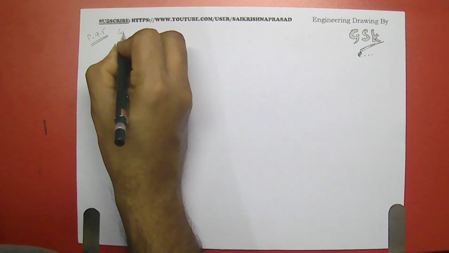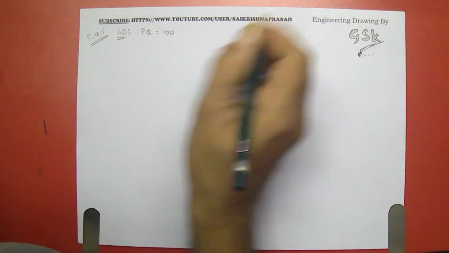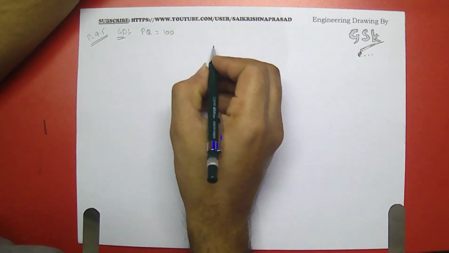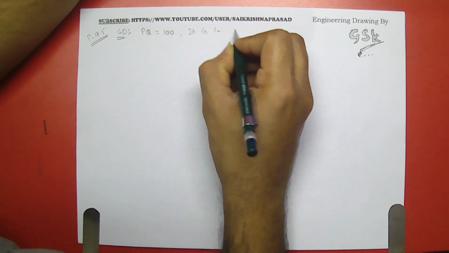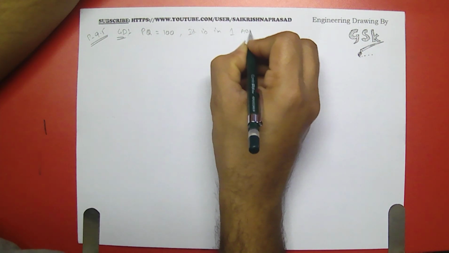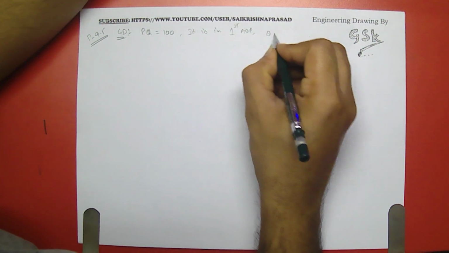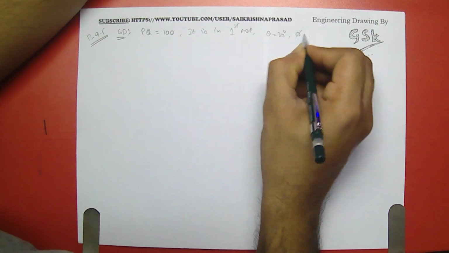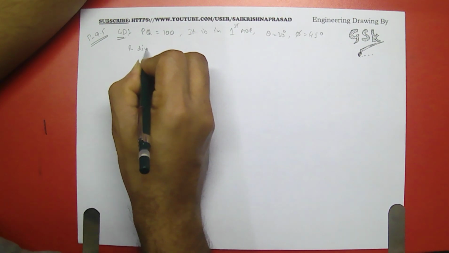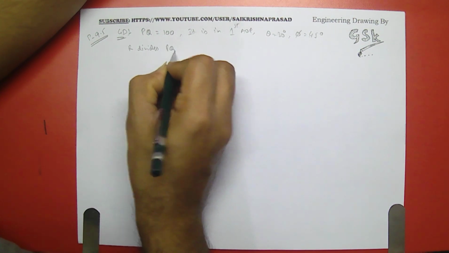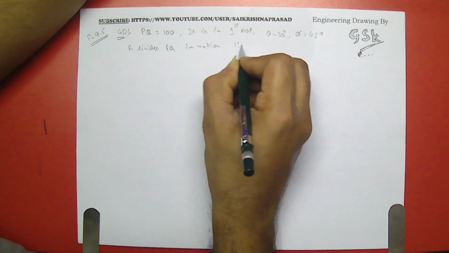The given data would be: PQ is 100 mm, and it is in first angle of projection, and theta is 30 degrees, phi is 45 degrees. R divides PQ in ratio 1:3.